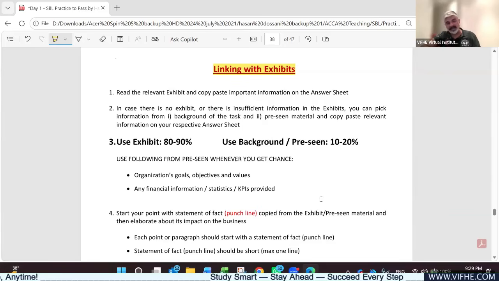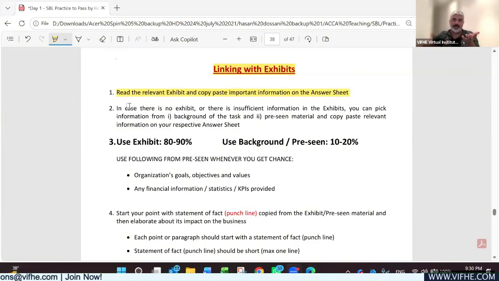All your answers have to be in the context of the scenario and the exhibit. So from where will you get information? Exhibit and the pre-seen, right? So you have to read the relevant exhibit and copy paste important information on the answer sheet. Do you understand this, guys?